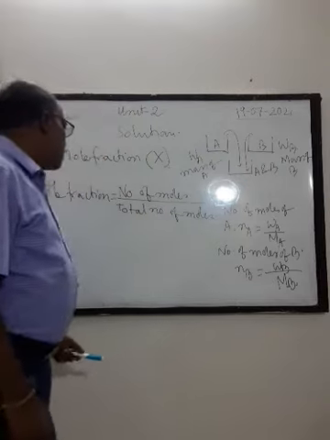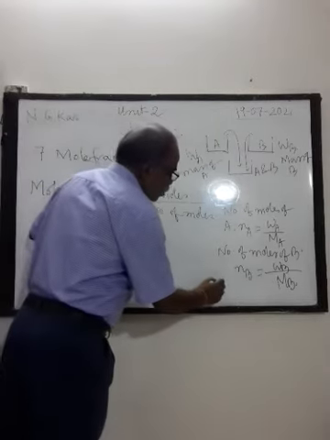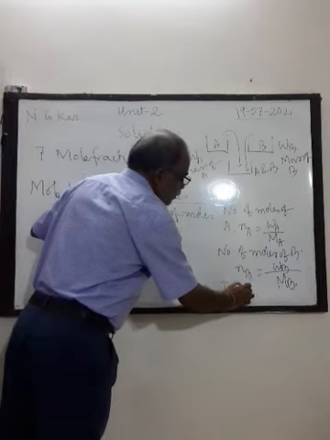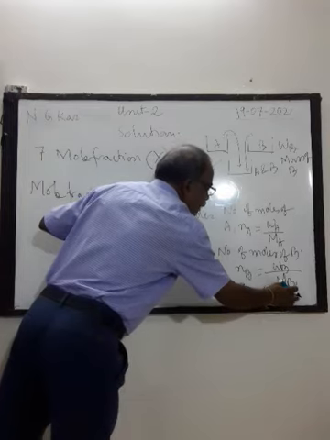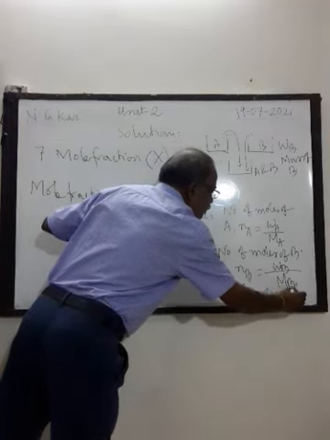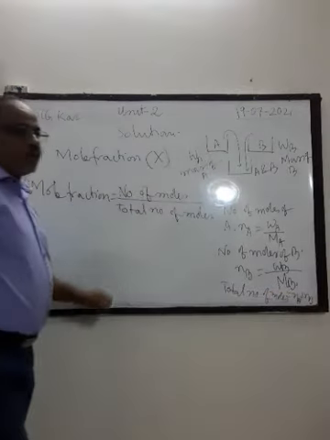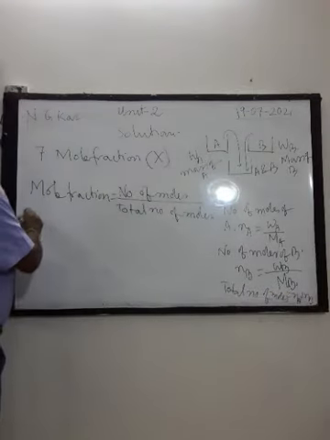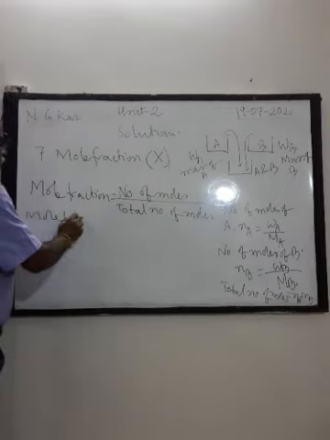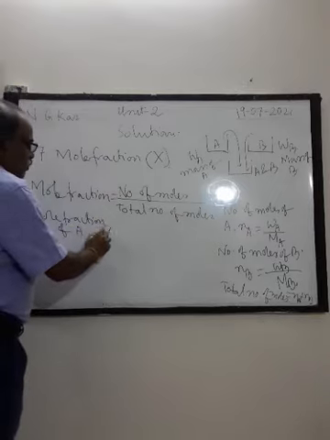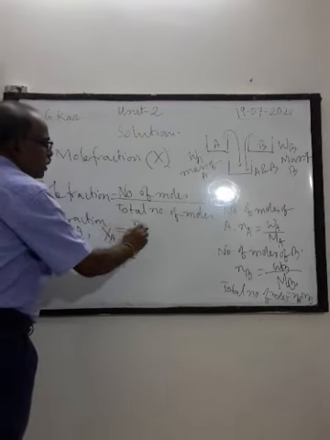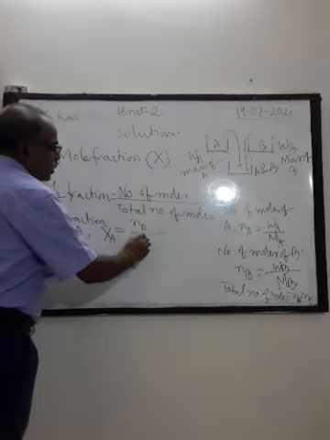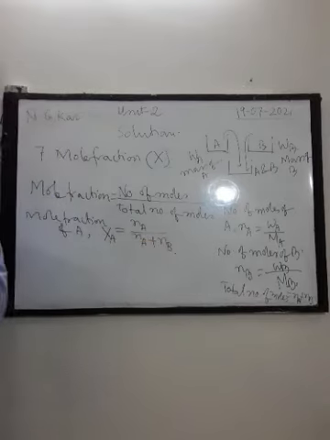Now according to definition, total number of moles is equal to Na plus Nb. So this is total number of moles. Now, mole fraction of A, which is generally represented by XA, equal to number of moles Na and total number of moles Na plus Nb.